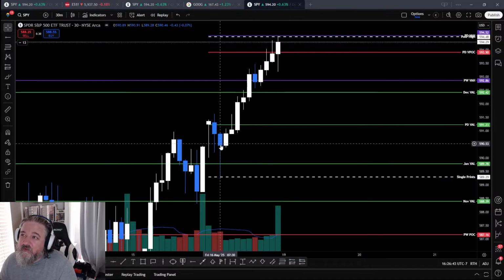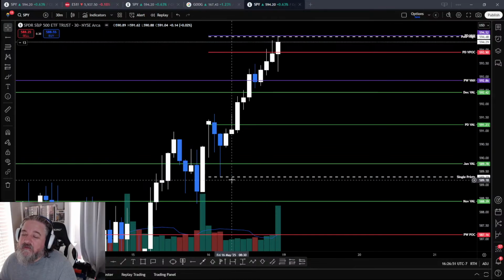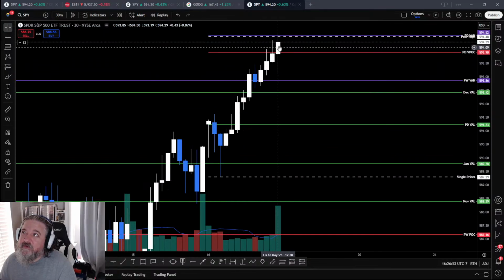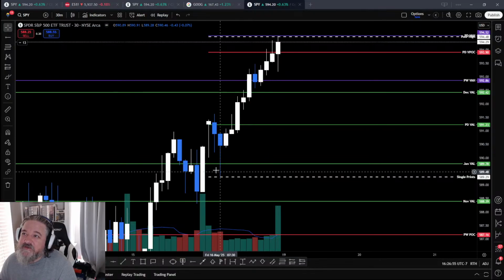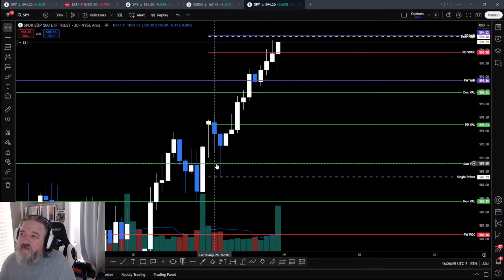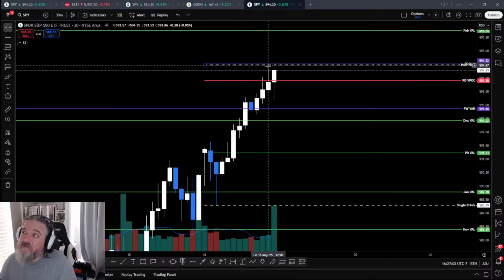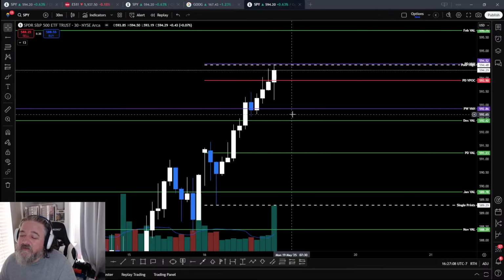Single prints or a strong low is where you have one candle on the 30-minute time frame that comes down into an area by itself and then either bounces, or comes up to the top by itself and rejects. So where you have a wick like this would be a strong low or single prints. Where you have a few wicks together would be a poor high.